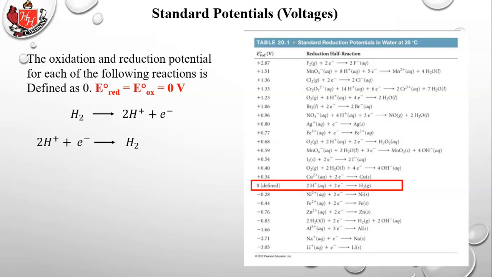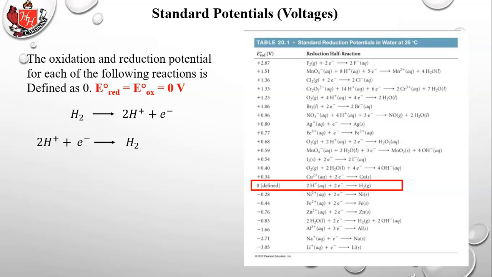So all the numbers you see on that table over there are compared to hydrogen. They're set against hydrogen. Why is hydrogen 0? Because scientists just decided to set that as 0 as the standard. Think of the centigrade temperature scale. Somewhere along the way, scientists just decided that the freezing point of water is going to be 0 degrees centigrade, and every other temperature is measured against that.